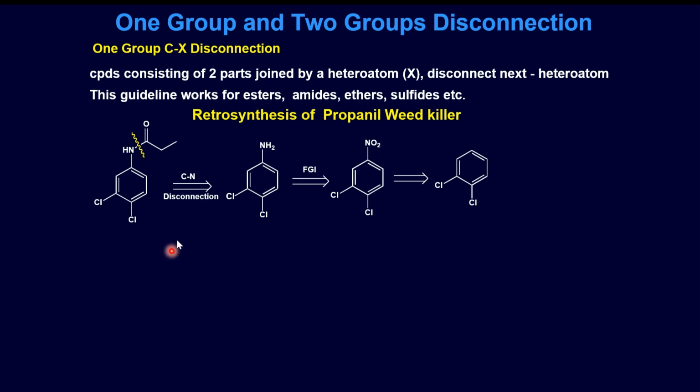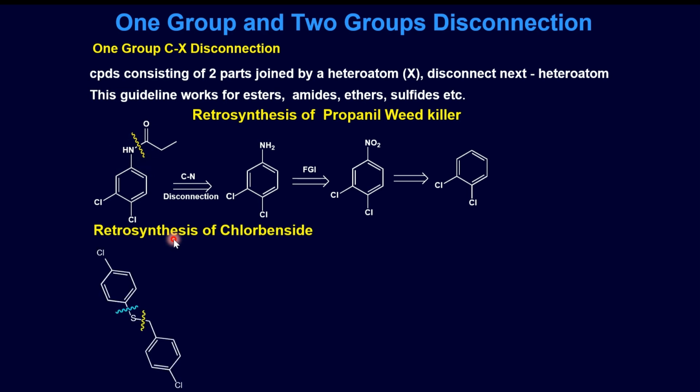This is the approach we follow. This is the strategy we follow for one group disconnection, which is having two parts and connected through the heteroatoms. One more example I can give, chlorbenside.